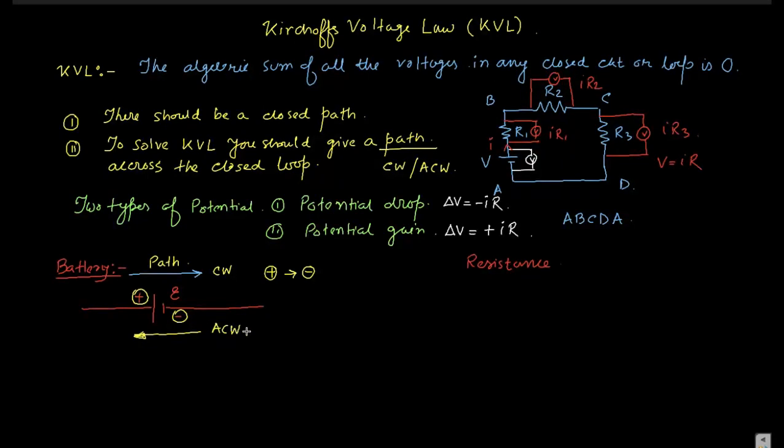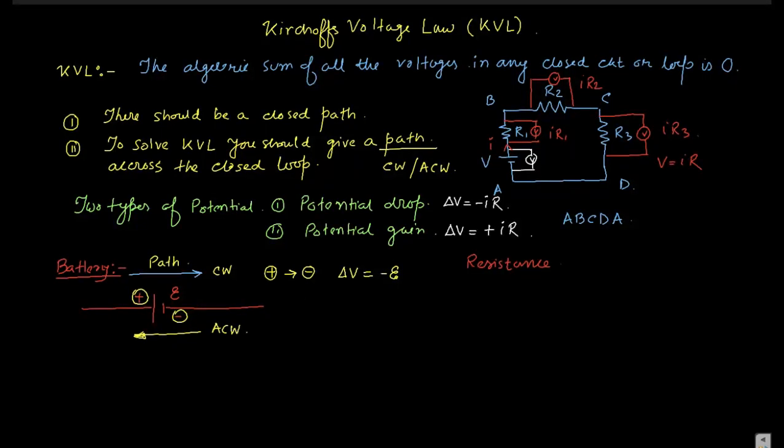If the clockwise direction is chosen here, then the path is from higher potential to lower potential. It means there is some potential drop across it. So del V is equal to minus E, as there is a drop, that's why we consider minus.